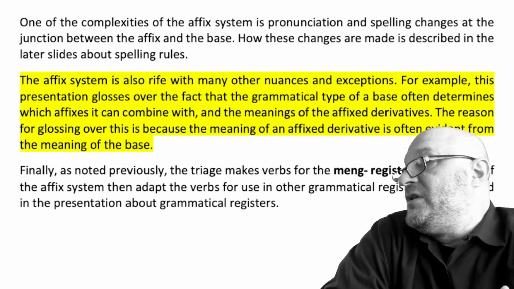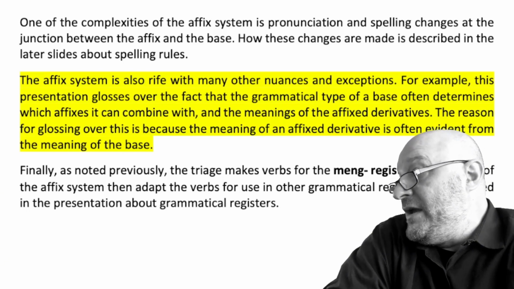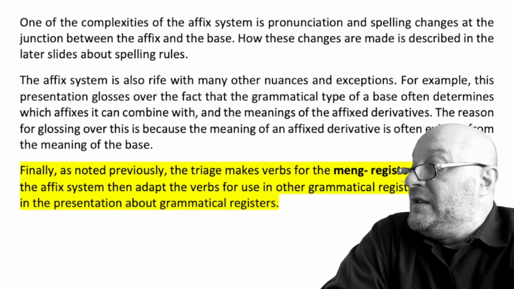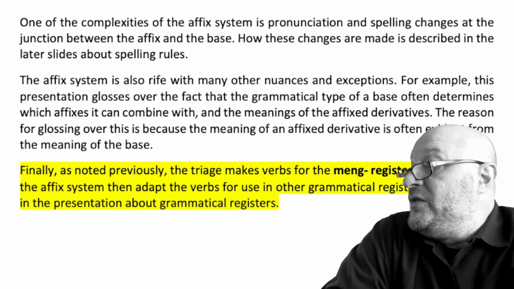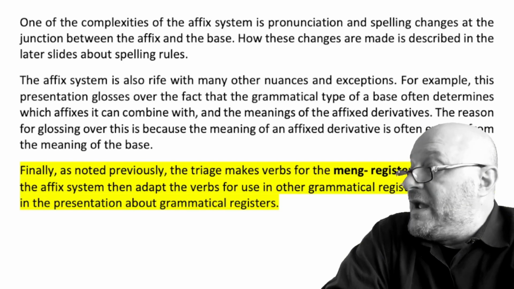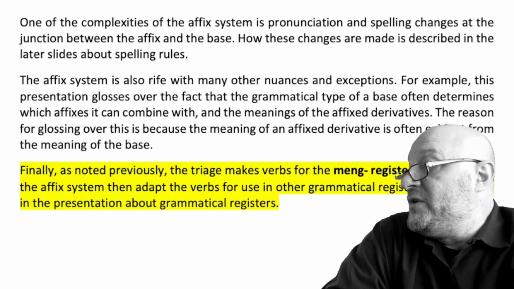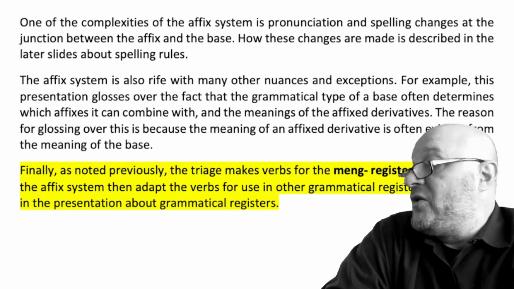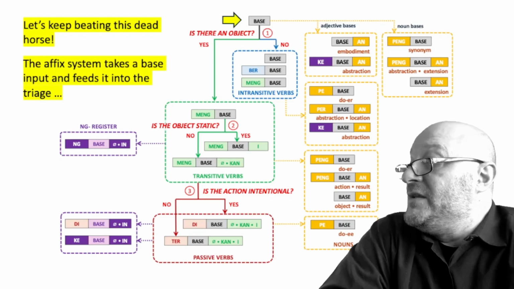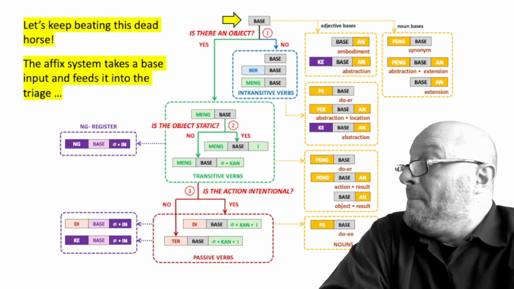The reason for glossing over this is because the meaning of an affix derivative is often evident from the meaning of the base. Finally, as noted previously, the triage makes verbs for the meng register. Other parts of the affix system then adapt the verbs for use in other grammatical registers, as described in the presentation about grammatical registers. All right, let's keep beating this dead horse, go through this again.